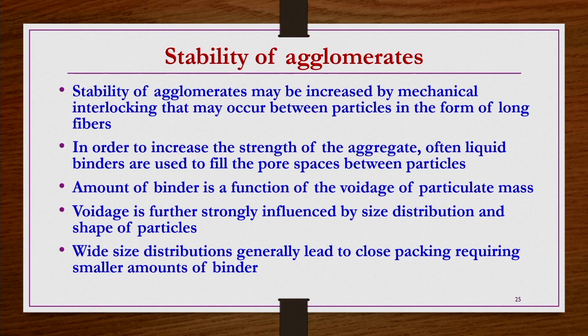So, if you take a wider size distribution of particles, in general you need a smaller amount of binder for agglomeration, because the voidage or interstitial space is less in the case of wide size distribution. That is the reason you may need only a small amount of binder.